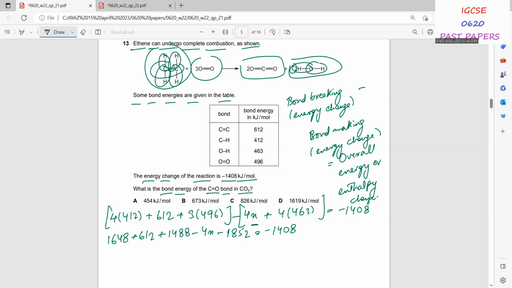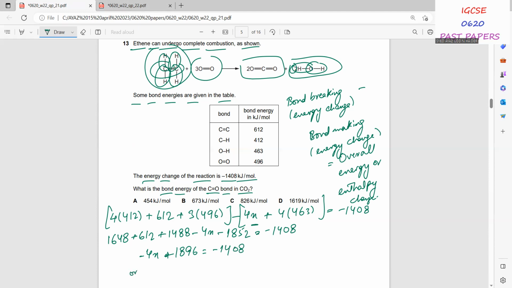After addition and subtraction, we will get minus 4x, plus 1648 plus 612 plus 1488 minus 1852. We'll get plus 1896. 1896 minus 4x is equal to minus 1408.